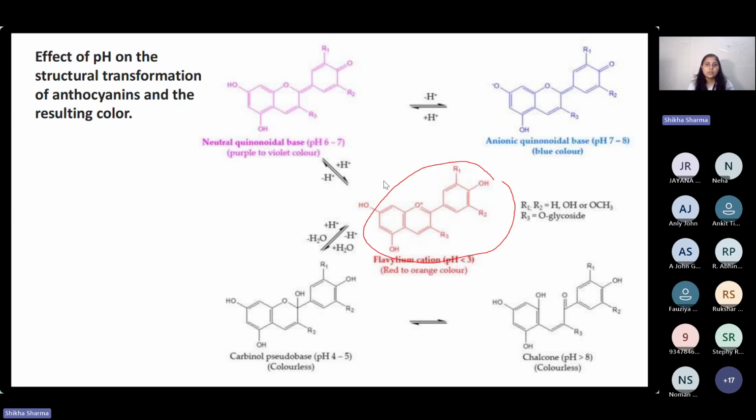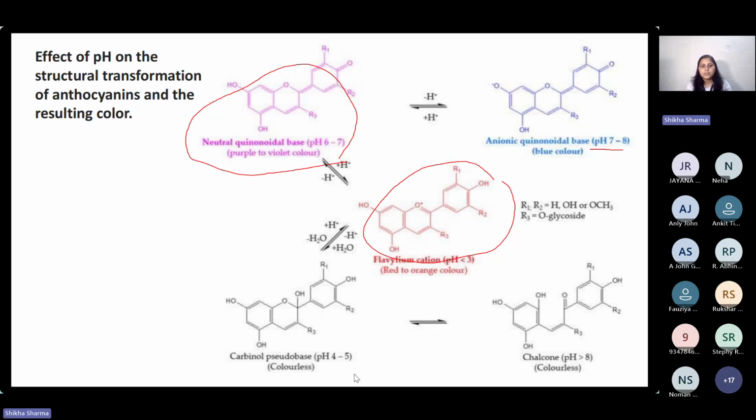When the pH is more neutral, like 6 to 7, it will be purple to violet, because the structure changes and forms quinoidal bases. At 7 to 8 it shows blue color, because here it is in anionic quinoidal bases. So at 6 to 7 it is neutral, but here it is more anionic, so it becomes blue.